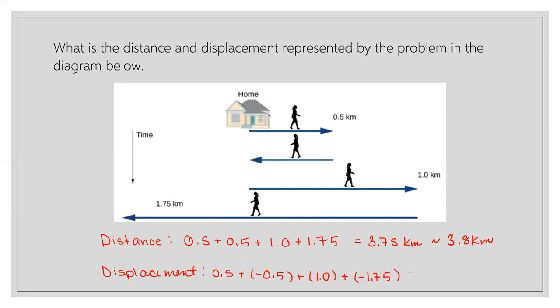This gives us a total displacement equal to negative 0.75 kilometers. Using sig fig rules of 1 decimal place, that's approximately 0.8 kilometers. We'll include that negative sign to show that it's in the other direction.